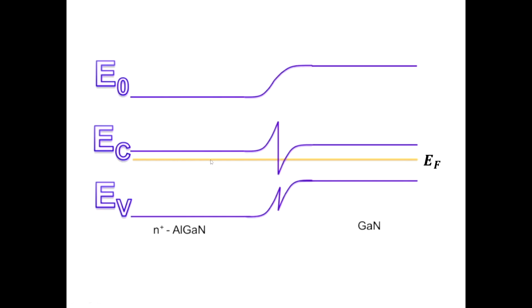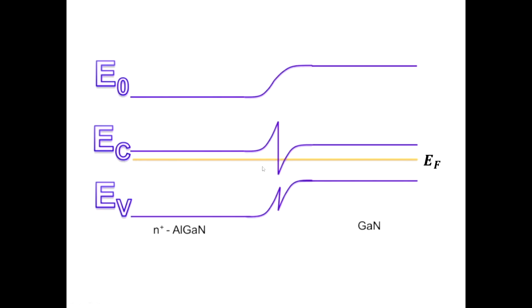The Fermi level of aluminum gallium nitride is close to the conduction band since it is n-type doped. For gallium nitride, the Fermi level lies right at the middle of the conduction band and valence band. It's placed at the middle of these two bands. But for aluminum gallium nitride, it's closer to the conduction band.